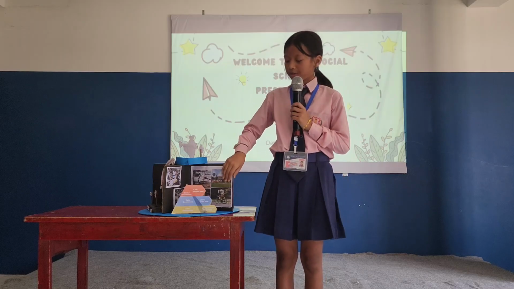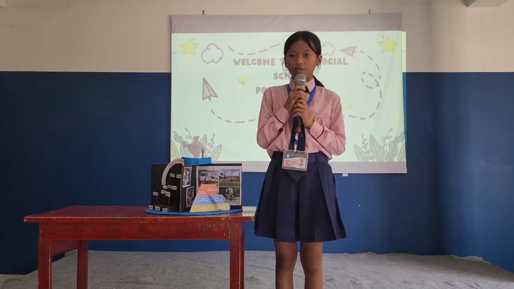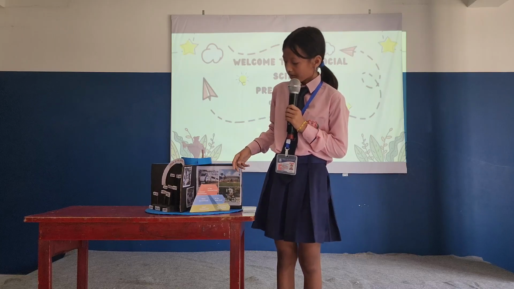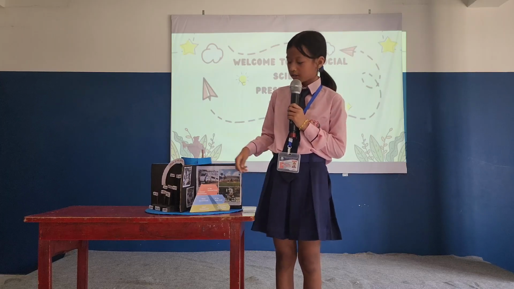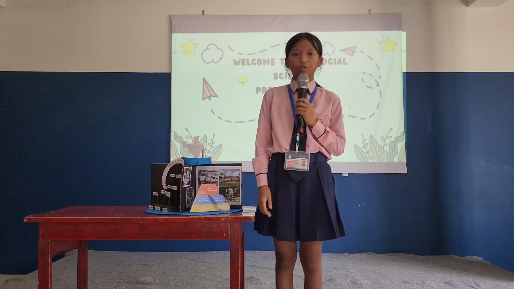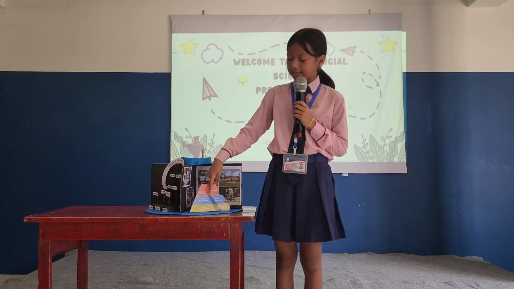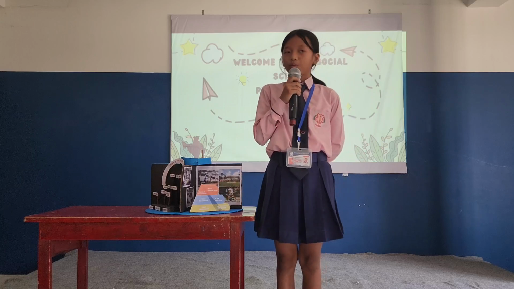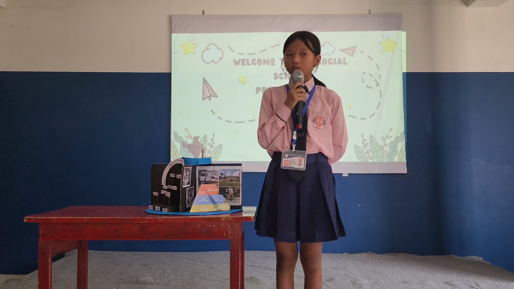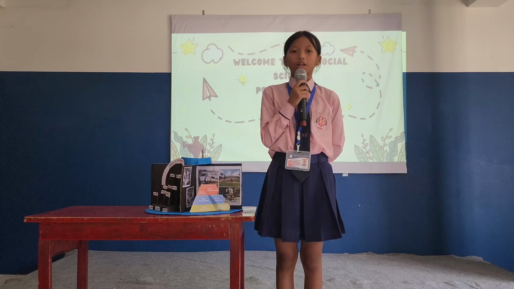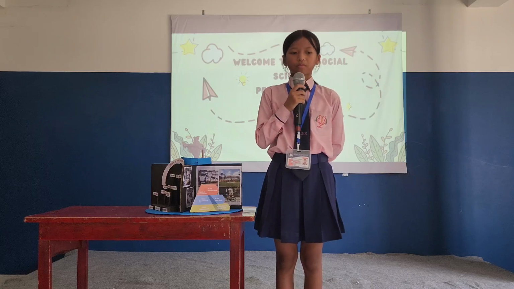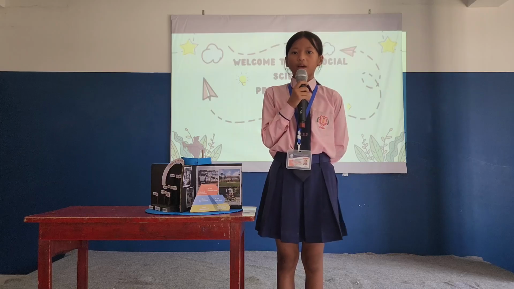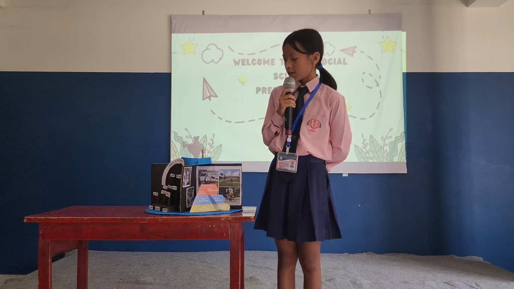Now let's talk about levels of the government. There are three levels of the government. At first is central government. It's also known as national government, then state government, then local government. Now, let's talk about what's national government. A national government is the highest government, and then the state government.